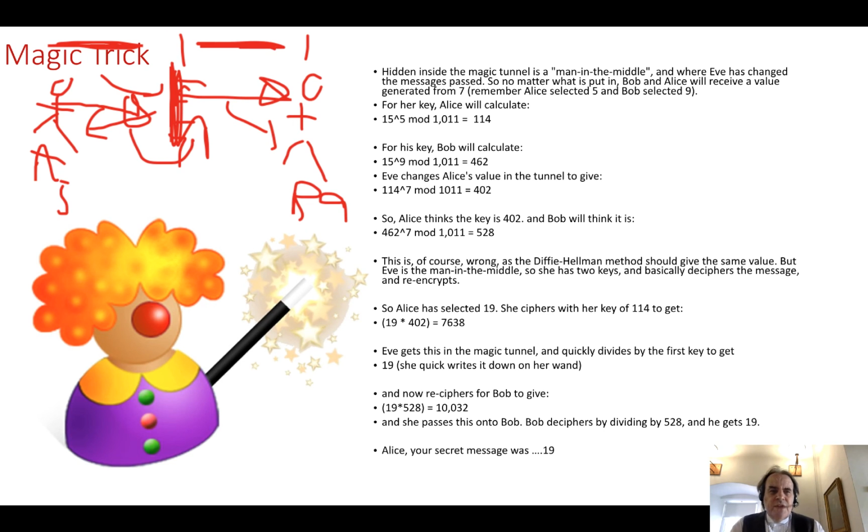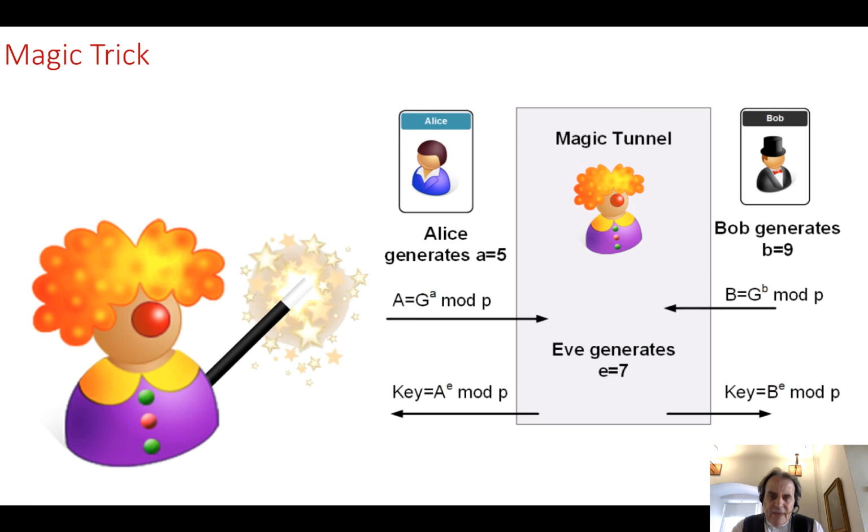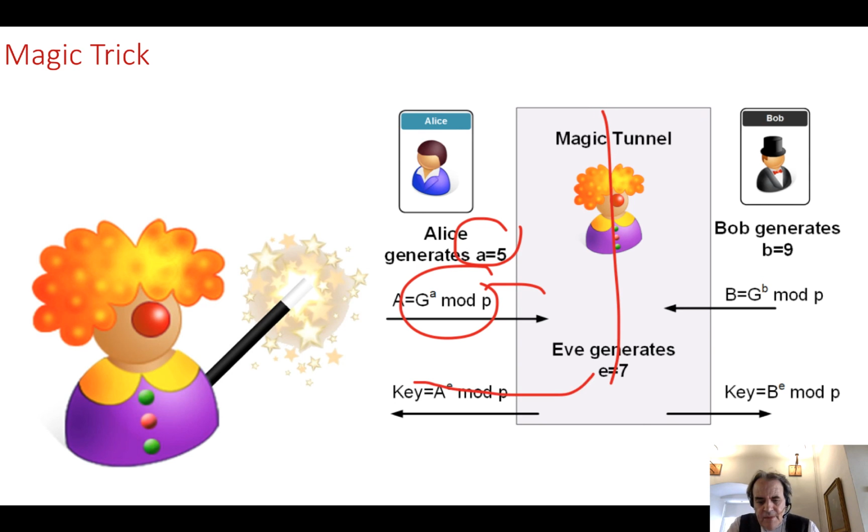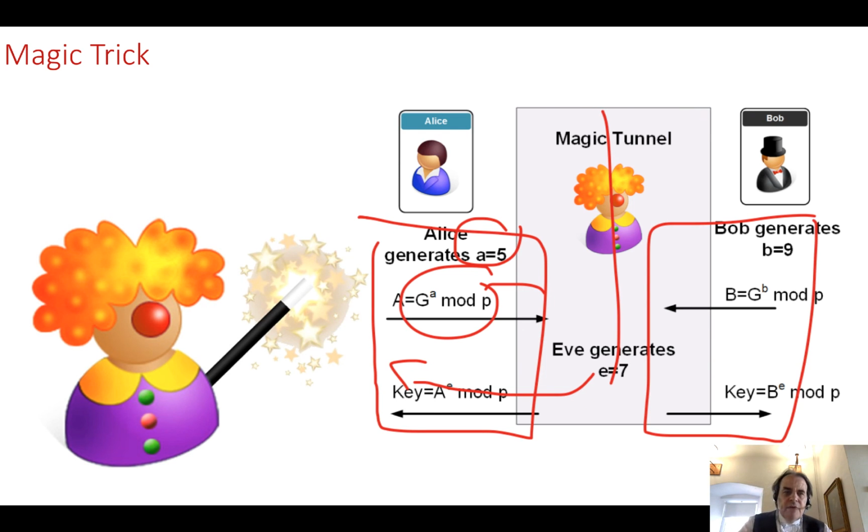As far as Bob is concerned, everything is fine, but really there is no end-to-end key being generated between the two. These are the calculations if you're interested. Basically here's what happens. There is Alice's value of A, so she sends that. Eve decides on her E value of 7, and sends that back. There is one key negotiated here, and another one over here.